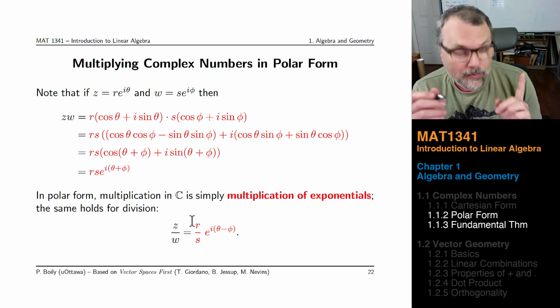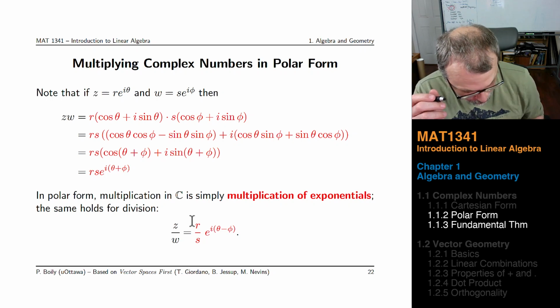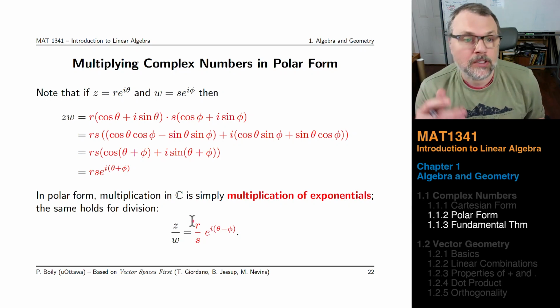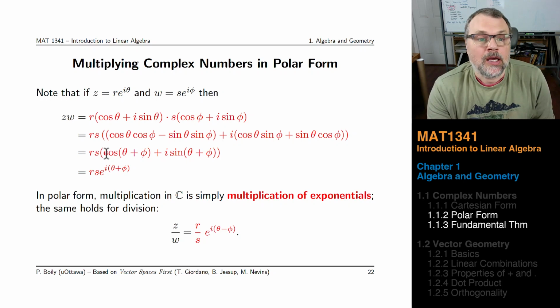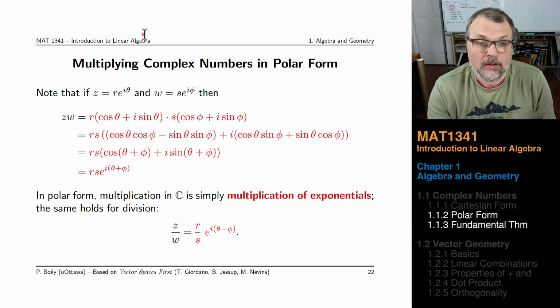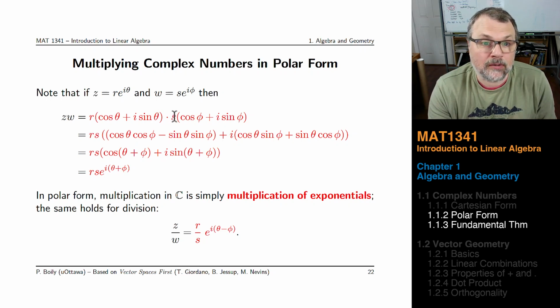Well, we have to remember one of our trigonometric properties that tells us what the cosine of a sum of angles would be and the sine of a sum of angles would be. If you write both these two numbers, z and w, in polar form, so r times cosine theta plus i sine theta, that's z, and s times cosine phi plus i sine phi, that's w. You do the product. r and s are scalars, real numbers. You can place them together.